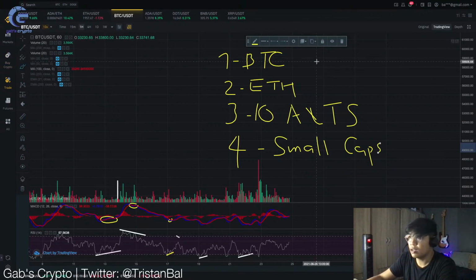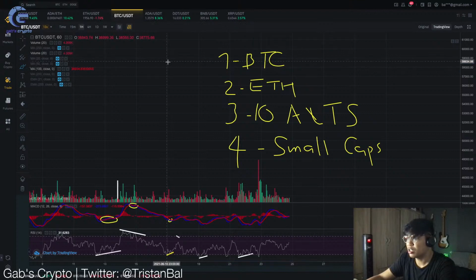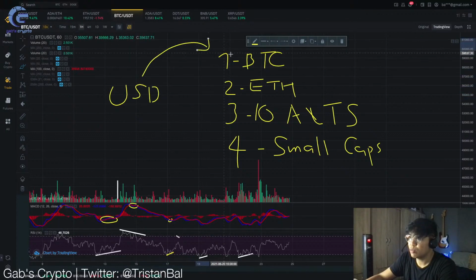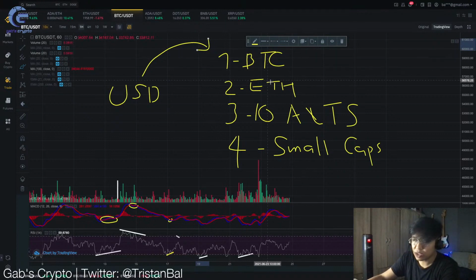So ito, Bitcoin. Of course, ang start nito is US dollar. So yung money flow palagi is US dollar ang start papunta kay Bitcoin. And then from Bitcoin, after mag-pump ni Bitcoin, Ethereum would come next. After ni Ethereum, mapupunta sa top 10 market cap altcoins.